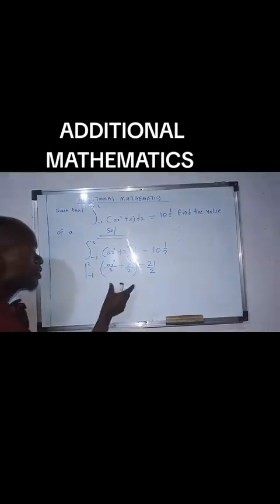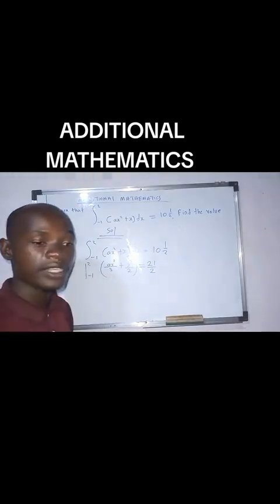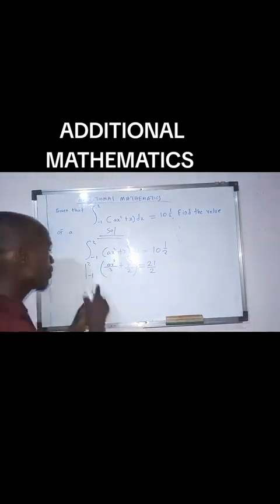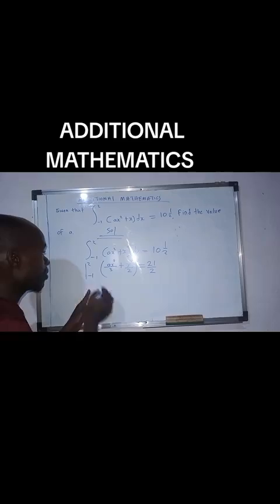Okay, from here now, this is the point where I'm going to find the difference between the upper limit and the lower limit. So I open the bracket, I have a, where there is x, I substitute with 2. So I say 2 to the power 3, everything over 3.